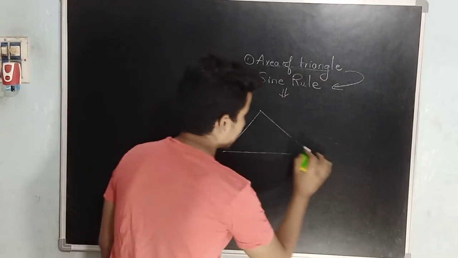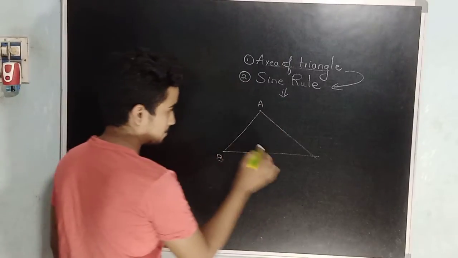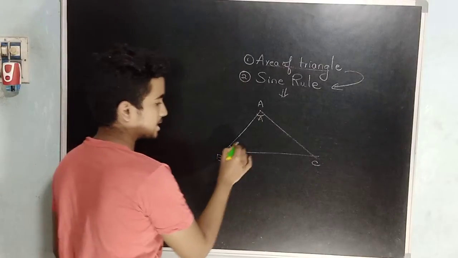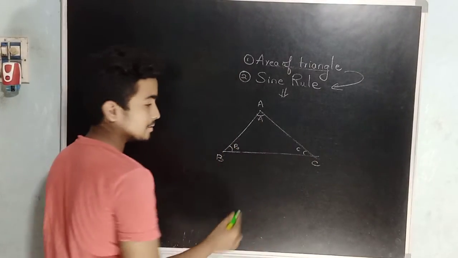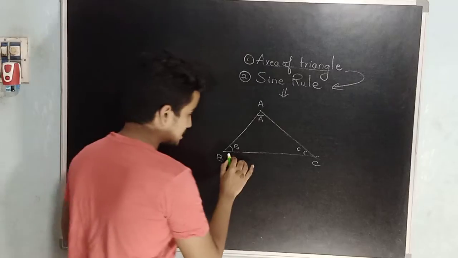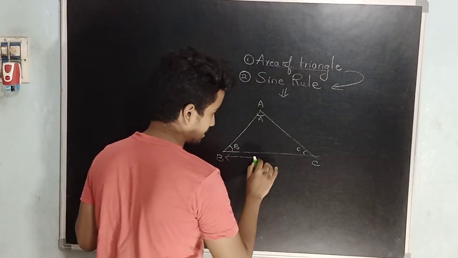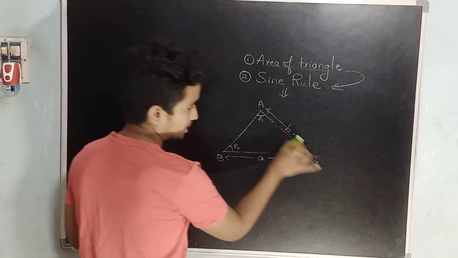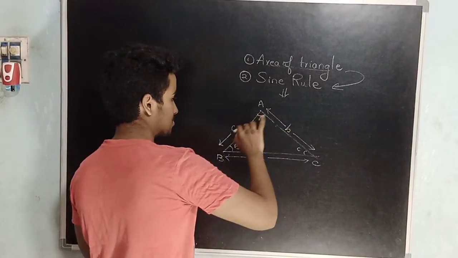For a triangle ABC, whose angles are A, B, and C, let me take the opposite sides as small a, small b, and small c.